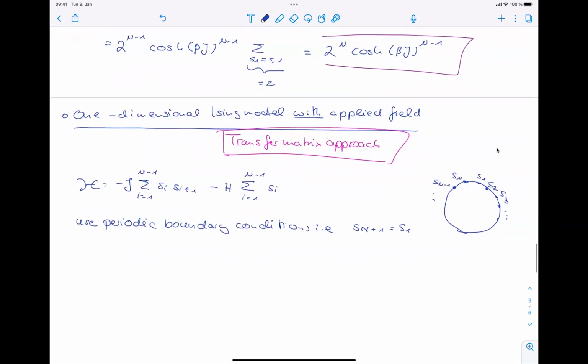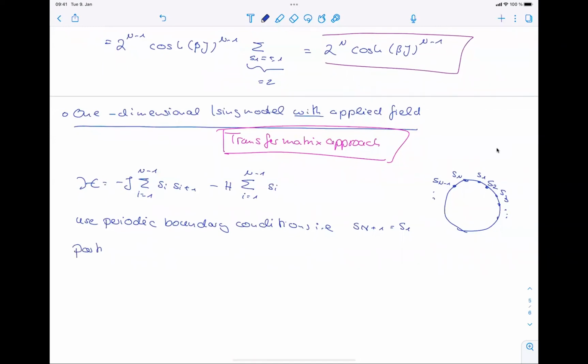Again, the goal is to have the partition function, which is summing over all states.